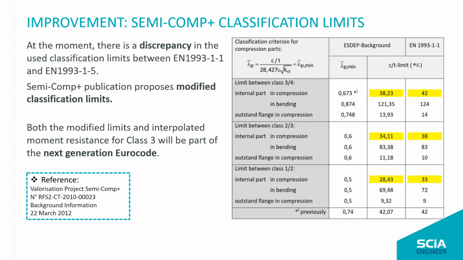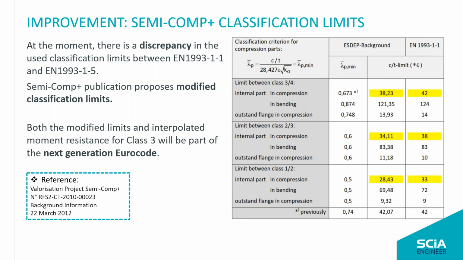A second improvement coming from Semicon Plus talks about the classification limits. They noticed some discrepancy between the classification limits if you look at the Eurocode just for steel members and if you look at the Eurocode for steel plates, whereas they should be the same. So more research proved that the ones from the Eurocode for members were actually wrong.